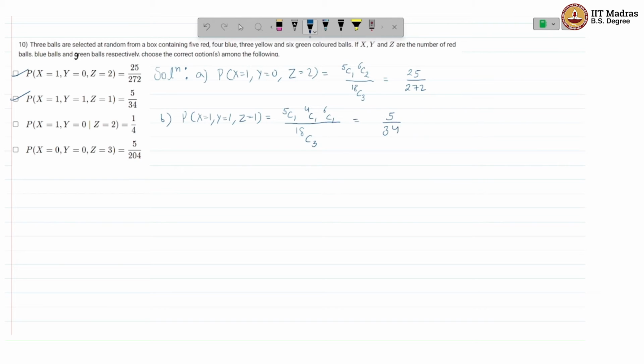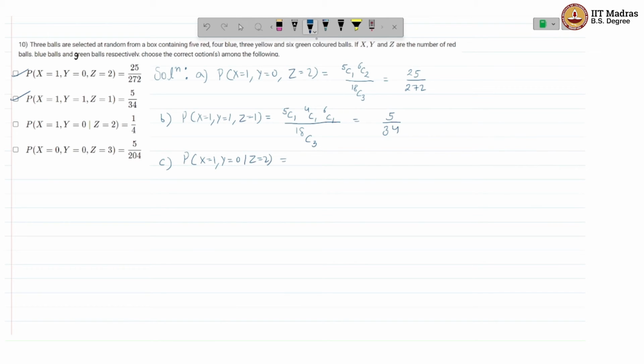Now checking option C. In option C, we have to find the joint probability that x is equal to 1, y is equal to 0, given z is equal to 2. It is already given that z is equal to 2, so we simply have to pick one red ball and 0 blue ball.